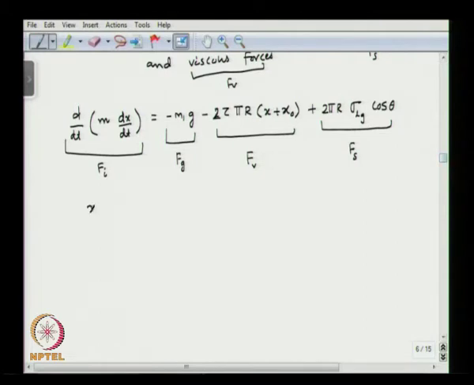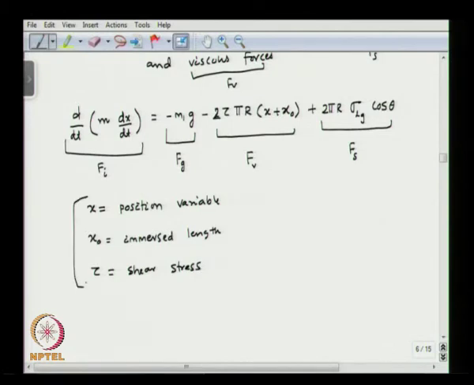Here x is the position variable, and x0 is the immersed length, tau is the shear stress, m is the mass of liquid column.